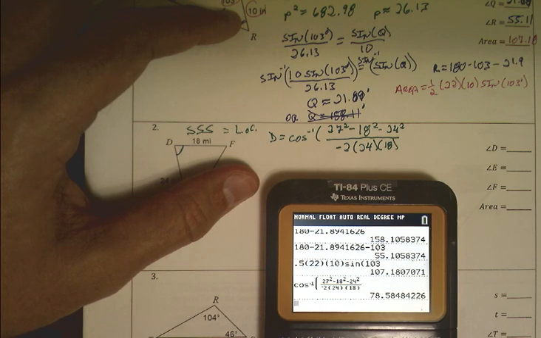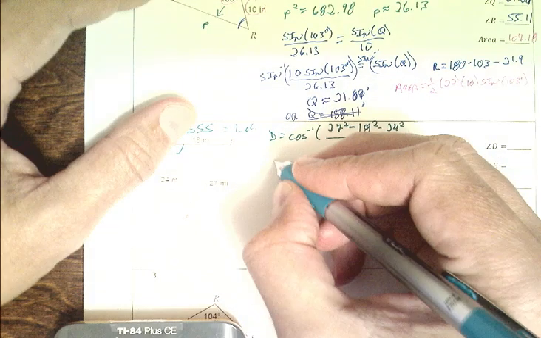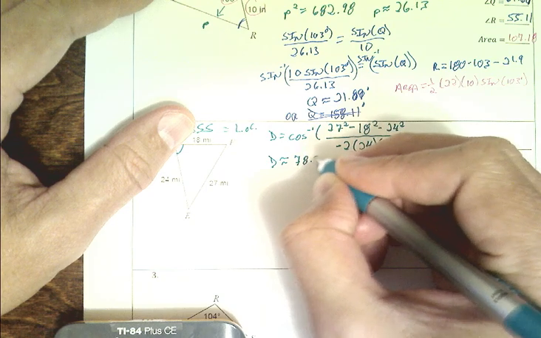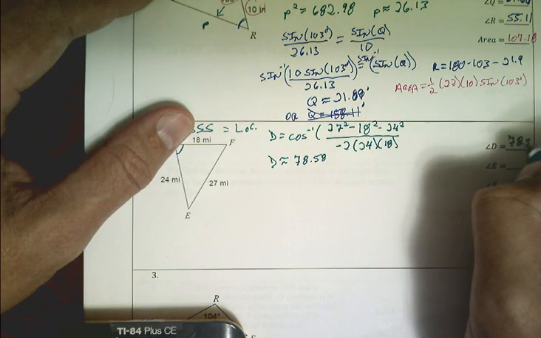And we get 78.58. So angle D is about 78.58 degrees.